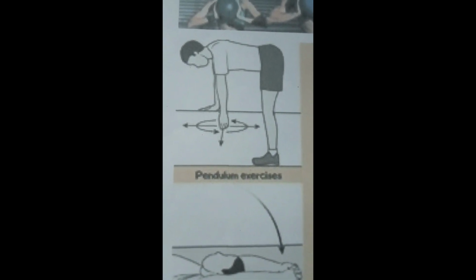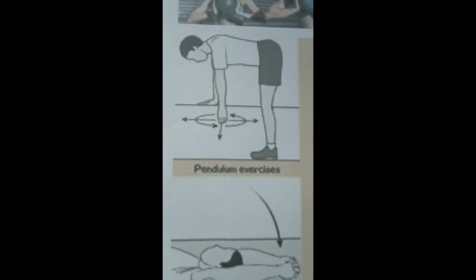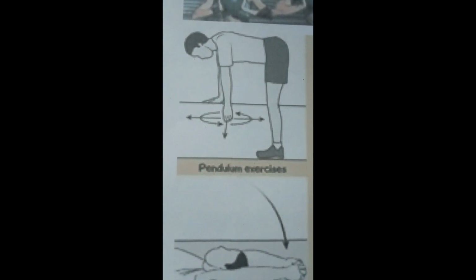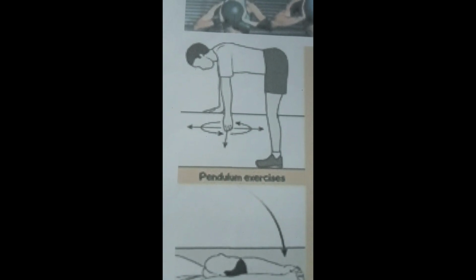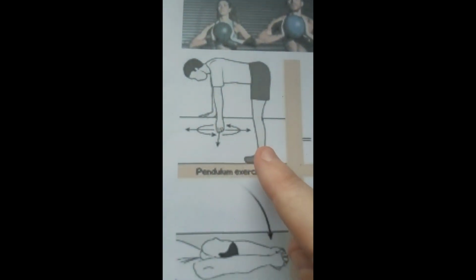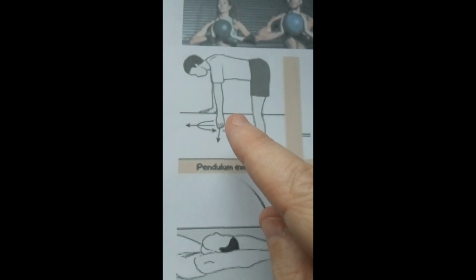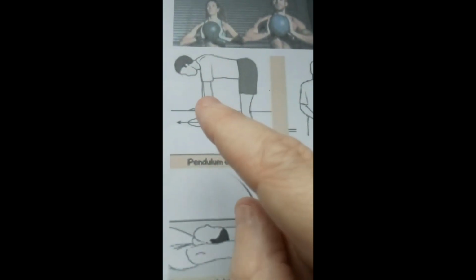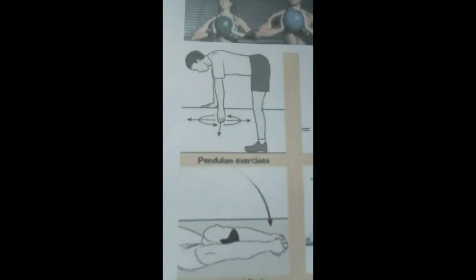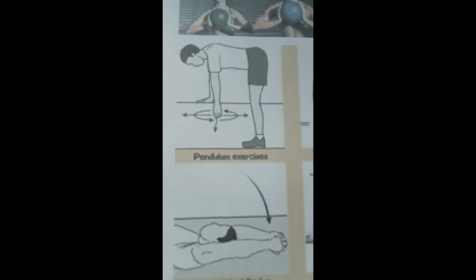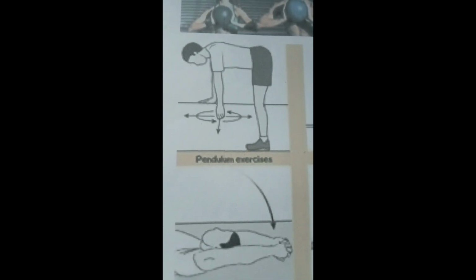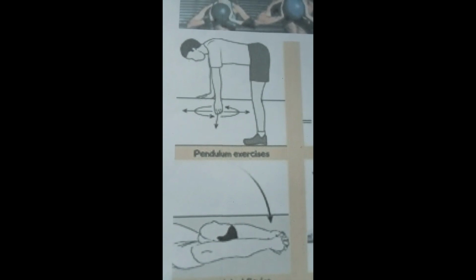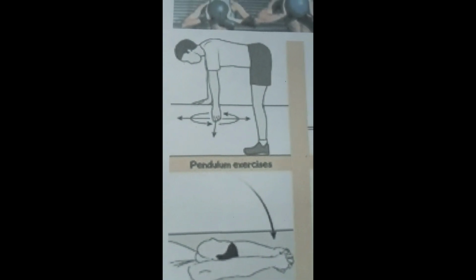Now, only do these exercises when you are pain-free, and you're going to lean over and gently swing the injured arm forwards, backwards, sideways, while leaning forwards, and also clockwise and anti-clockwise circles of about 1 foot in diameter. And then you can slowly increase the range of motion, just avoid that upward and outward rotation.